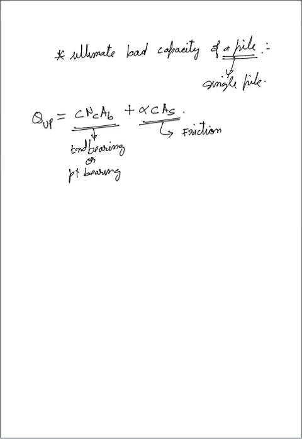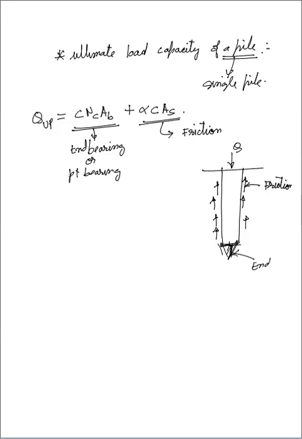Whenever a pile is driven in the soil and some load is coming, it is resisting the load due to two factors. One is your friction, and another is this area, this is end bearing or point bearing. So there will be some resistance.